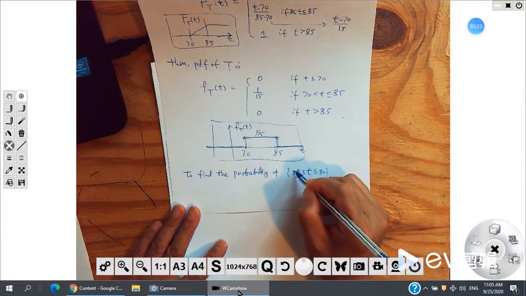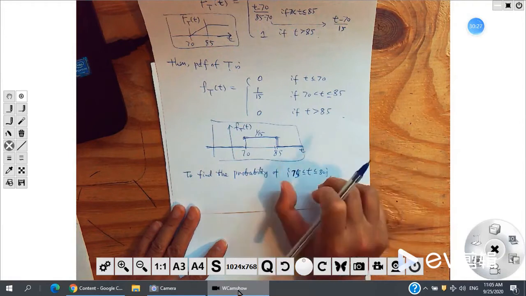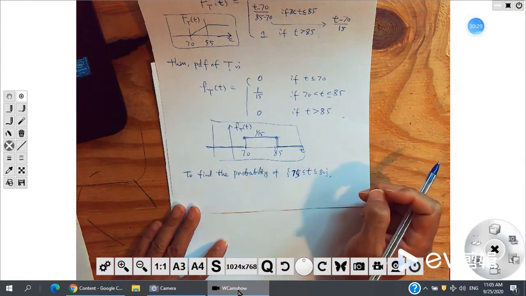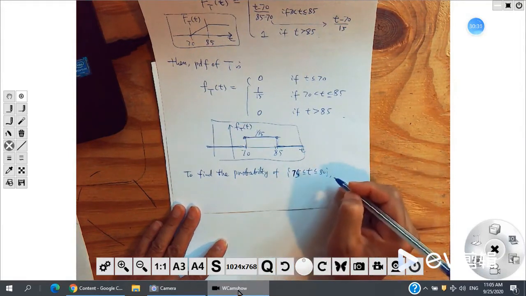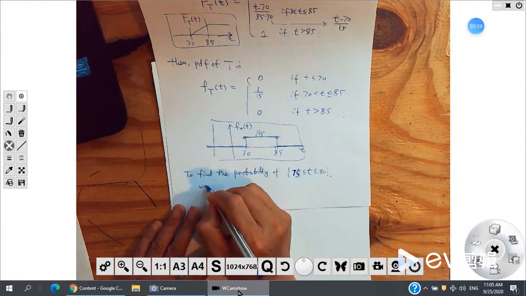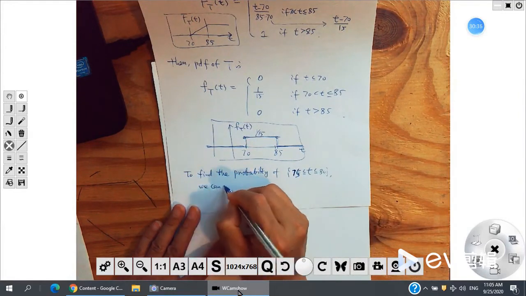We calculated this before, right? I just use the length of the interval out of the whole length 15. We can work like this.